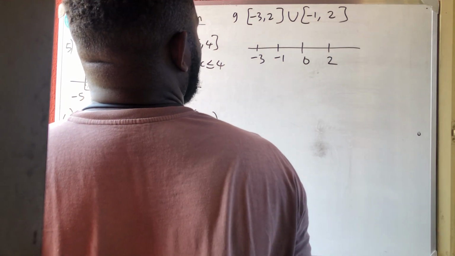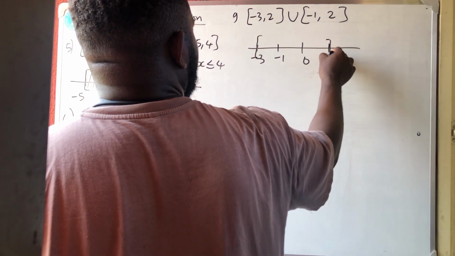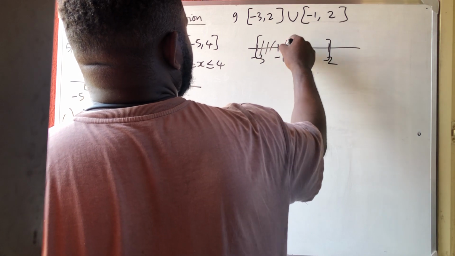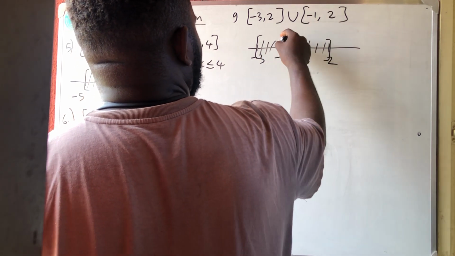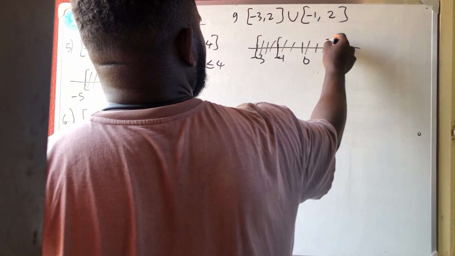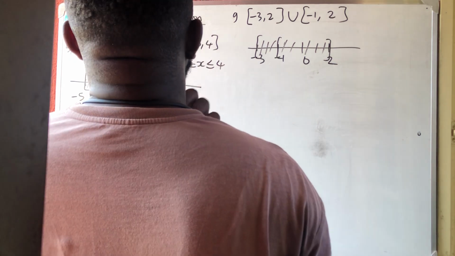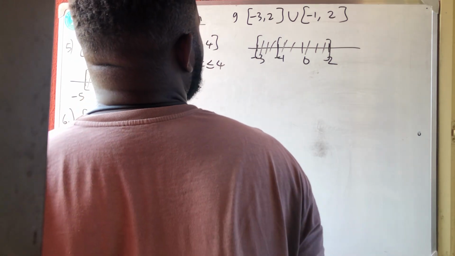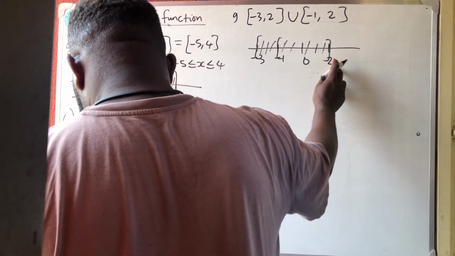I hope you are seeing it now. So for minus 3 and 2 is here and here, everything inside. For minus 1 and 2, everything inside. So their union is bringing them together. Their union is simply from here to here.